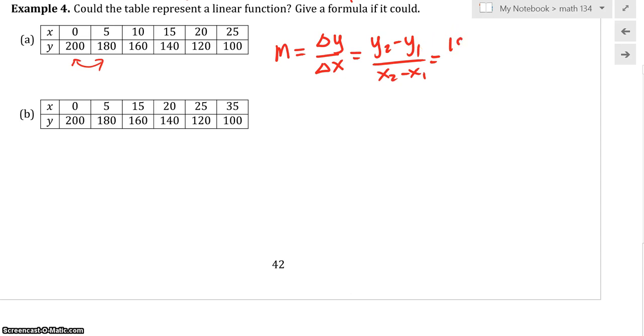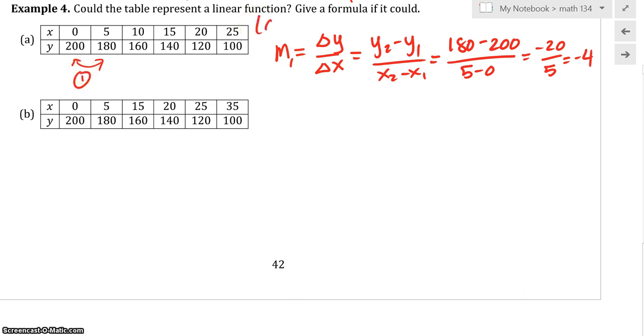So I'm going to take that 180, we've done this before, 200, and then the new minus old. Okay, so that is, we'll call it the first set.